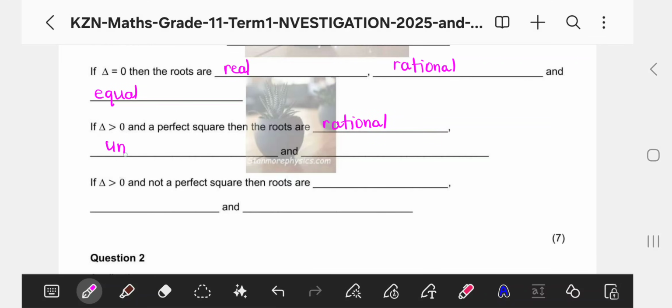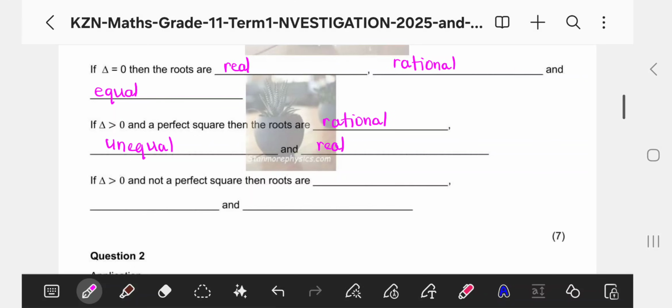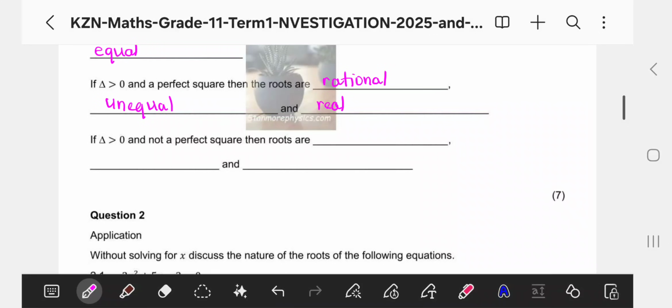Rational, unequal, and real. So I noticed that the order from the previous one was a bit different, but that really doesn't matter as long as you have the correct descriptions, then it's fine. It says if the discriminant is greater than 0 and not a perfect square, then the roots are.